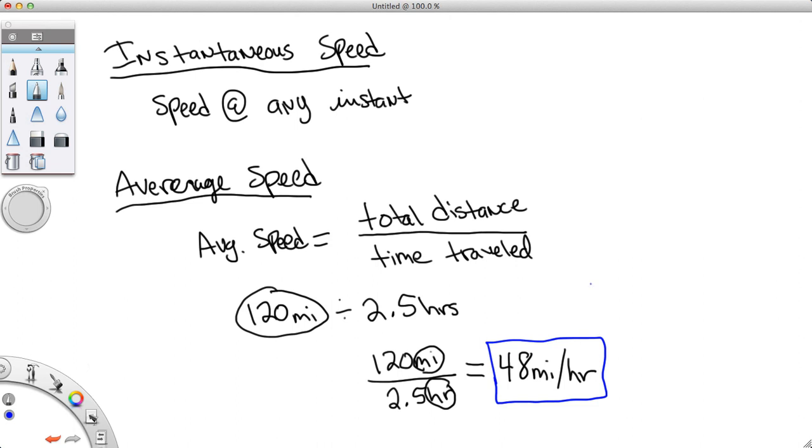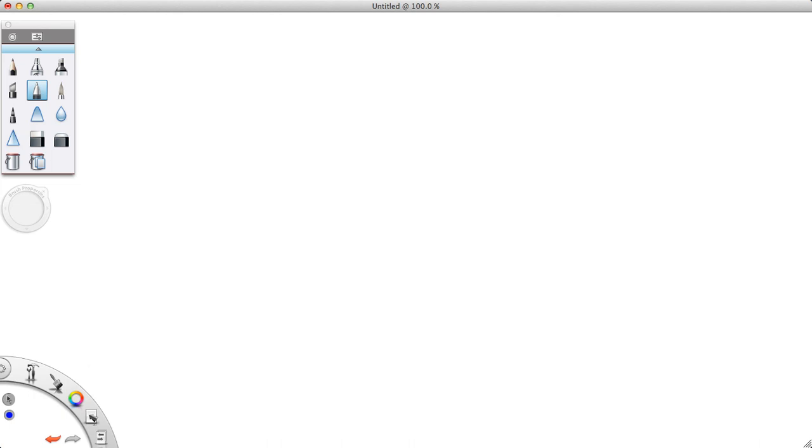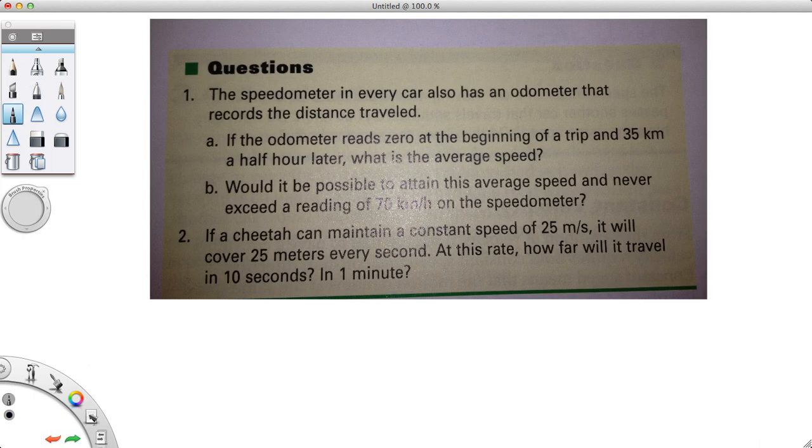Let's take a moment and do some practice problems. I'm going to erase all of this and try out some of these practice problems. Question number 1. The speedometer in every car also has what's called an odometer. An odometer records the distance that a vehicle travels.